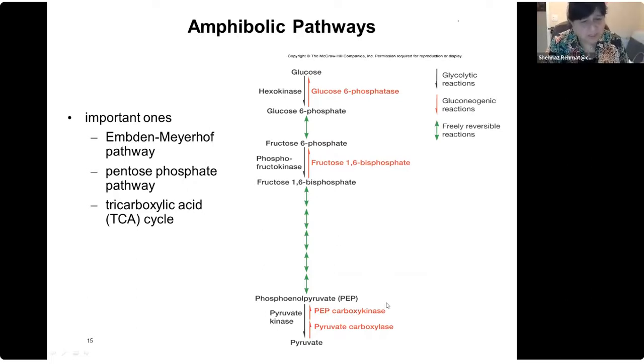So if you look at this pathway, you can see that this green double arrow means that enzyme is capable of reverse reaction also. But then there are some enzymes in a pathway that go in one direction only, and that's the only way the cell will be able to control which direction it is going, whether it is synthesizing or breaking down that compound, right?